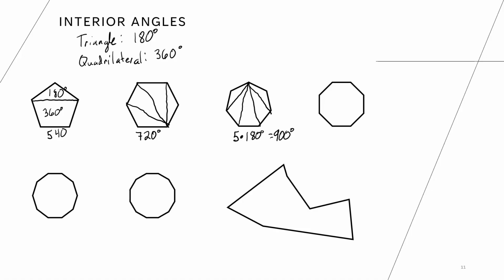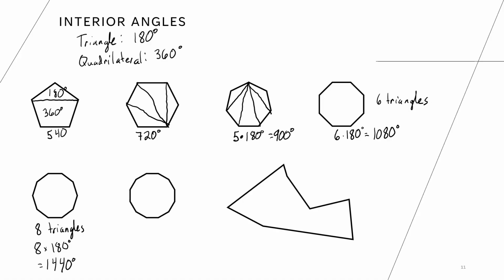Now, without counting triangles, can you predict how much is going to be in an octagon? Well, I had 5 triangles here, so this should have 6 triangles. And so 6 times 180 is going to be 1080 degrees. This one's going to be 8 triangles, and so that makes it 8 times 180, which is 1440 degrees.